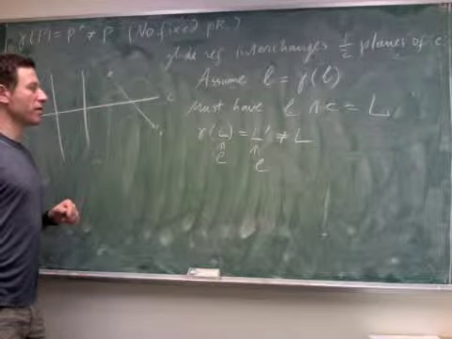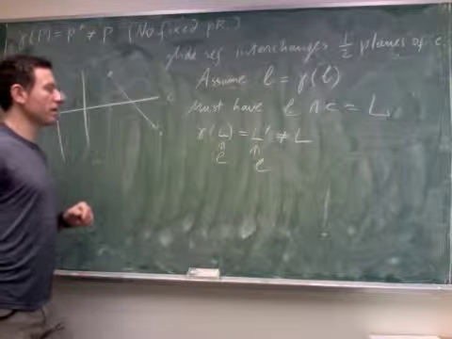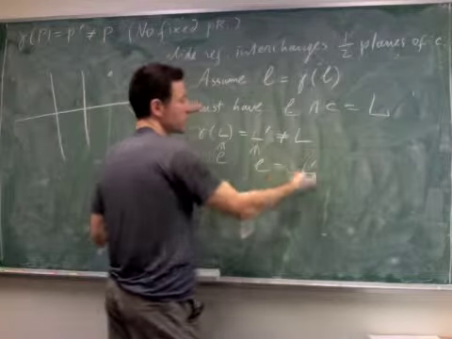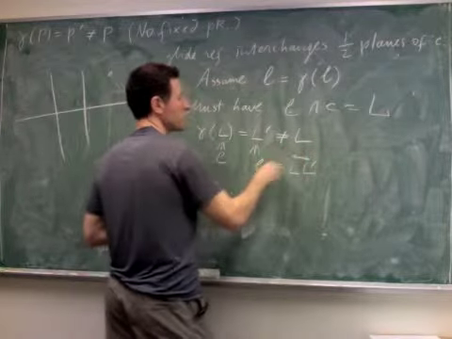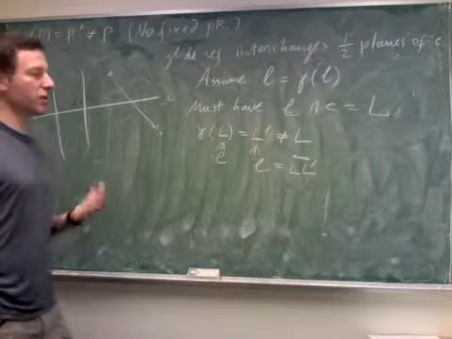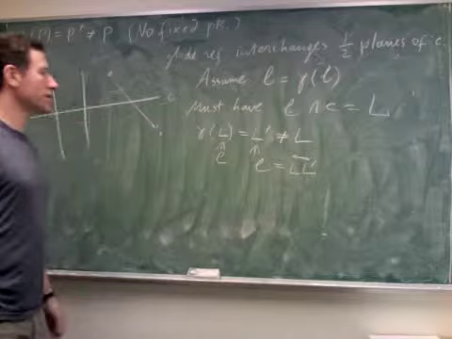Okay, so that means that the fixed line L is defined by l and l prime, since these are two distinct points on the line, right? A line is defined by two distinct points. We know the points are distinct, so we have L is the line l l prime.